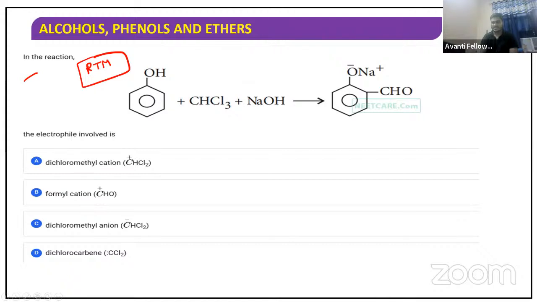In this reaction, which one acts as an electrophile? Dichloromethyl cation, formyl cation, dichloromethyl anion, or dichlorocarbene. Which of these four acts as an electrophile?